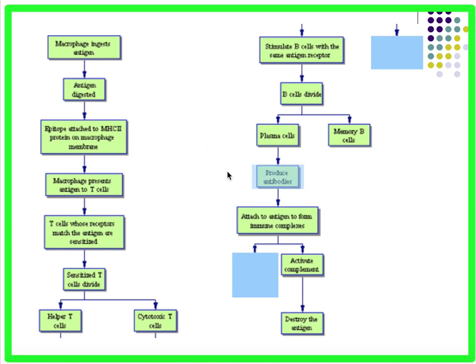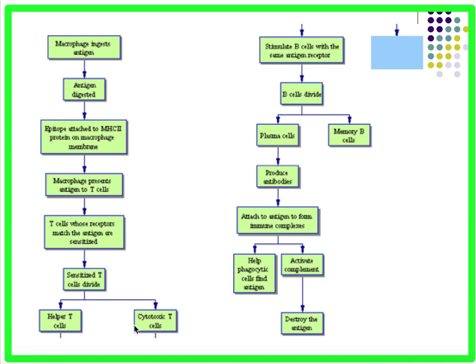They make antibodies, and those antibodies hopefully will go out and attach to the antigen, forming an immune complex. Once it forms an immune complex, it will help phagocytic cells find the antigen so we can get rid of it. We might also activate the complement and cause little water pores to be inserted into the pathogen, causing it to lyse and get destroyed.